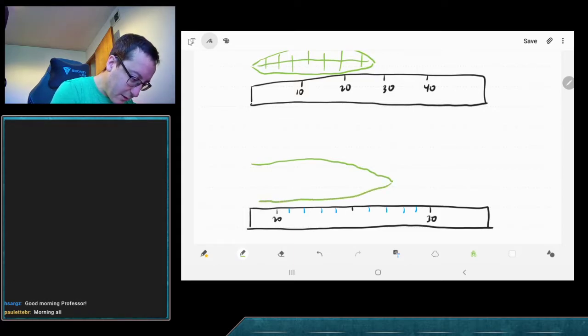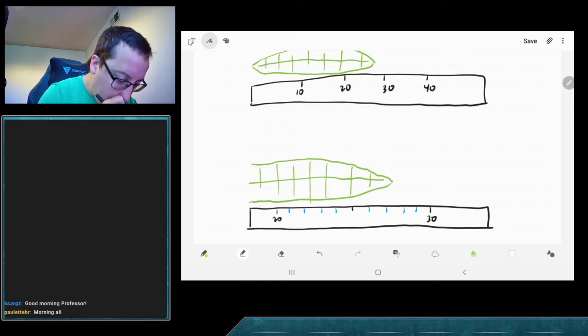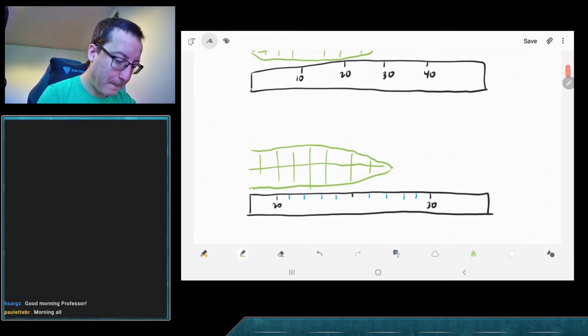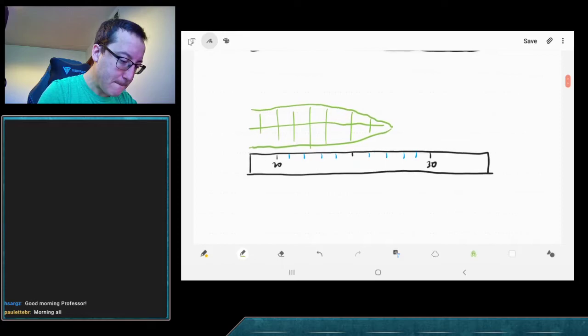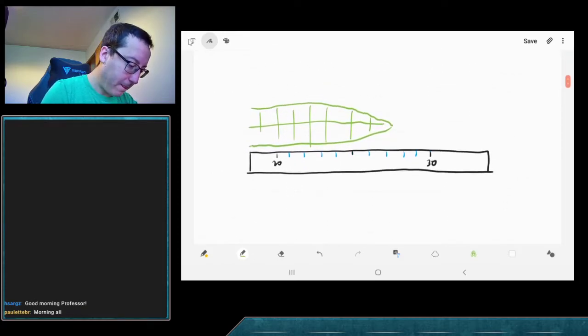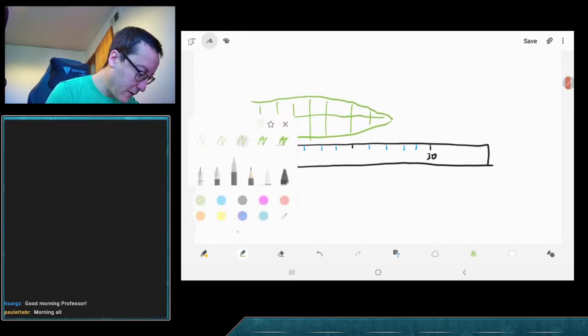Wow, my drawings just get worse each time, don't they? Okay, so far looks like there's no questions.